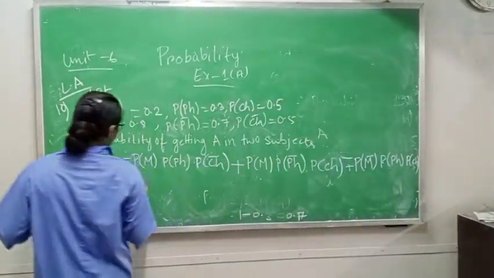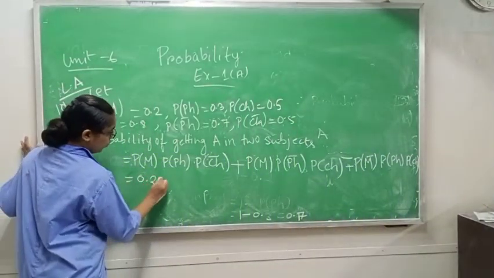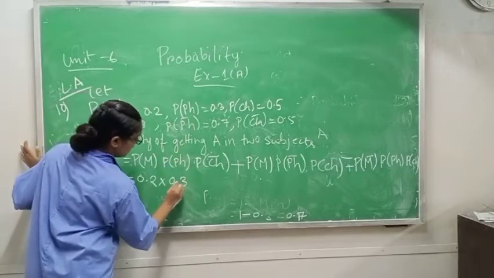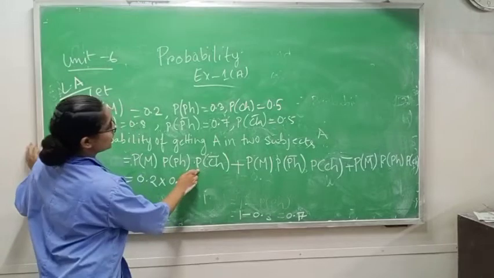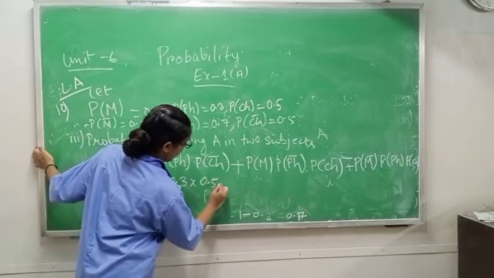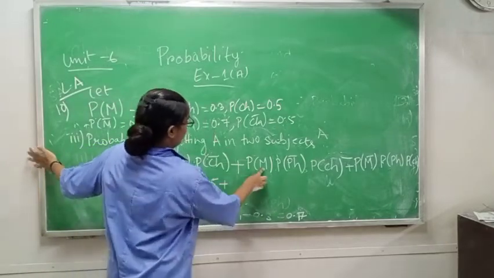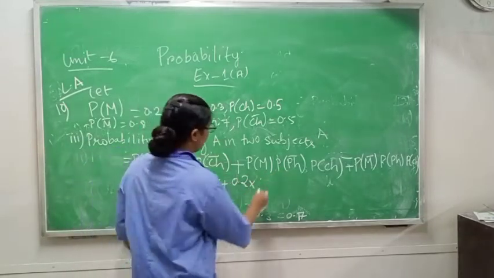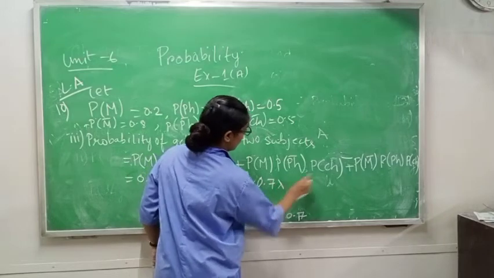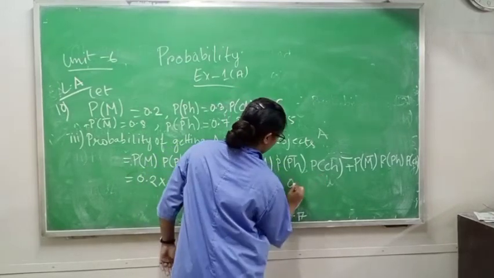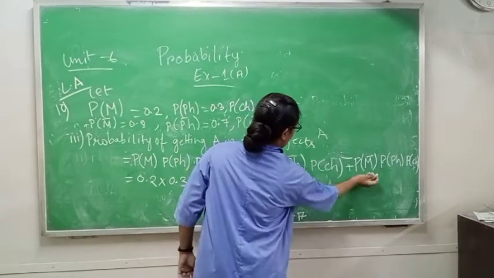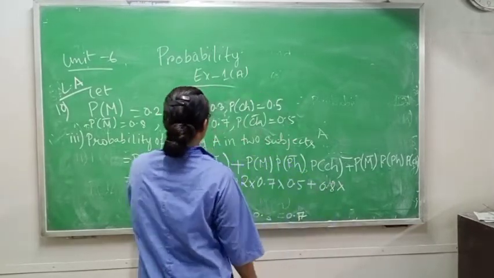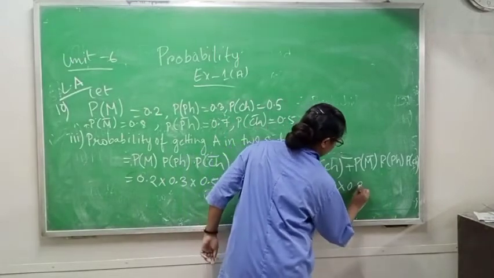So you know all this value is 0.2 into physics, 0.3 into not getting in chemistry, 0.5 plus 0.2 in physics he is not getting in 0.7, 0.7 into in chemistry he is getting in 0.5 plus maths not getting in 0.8, physics and chemistry getting 0.3, 0.5.